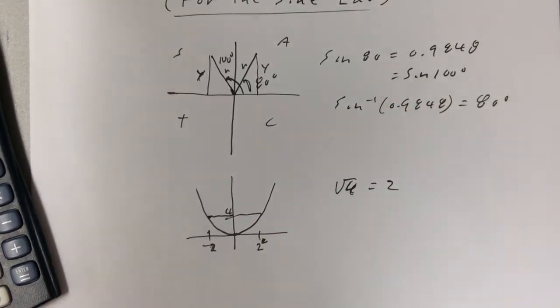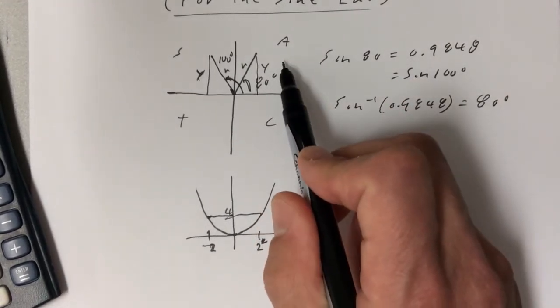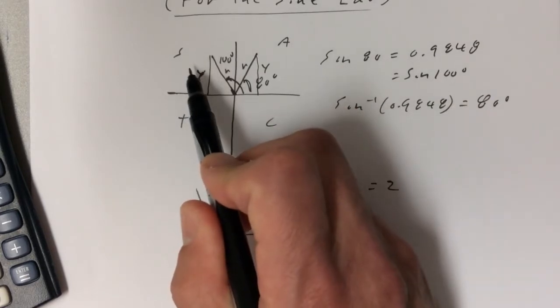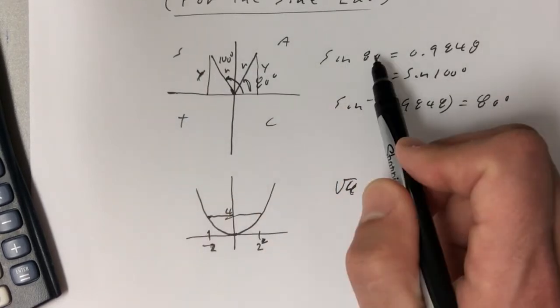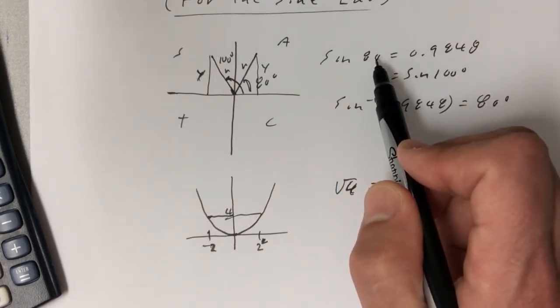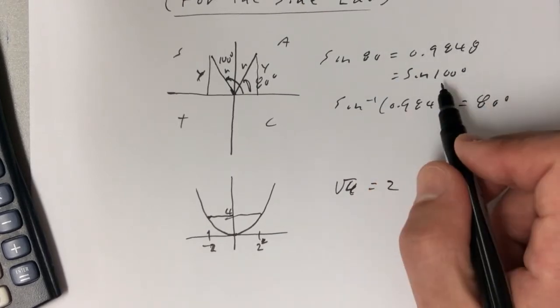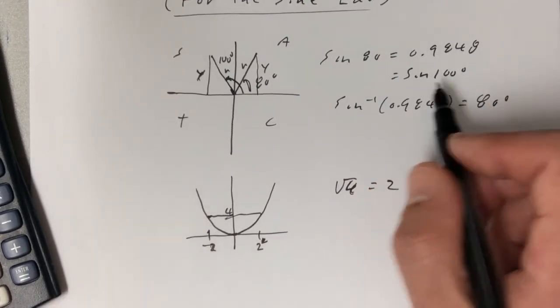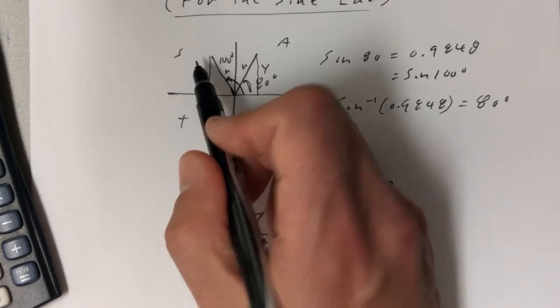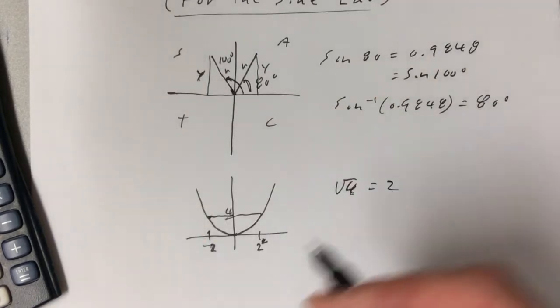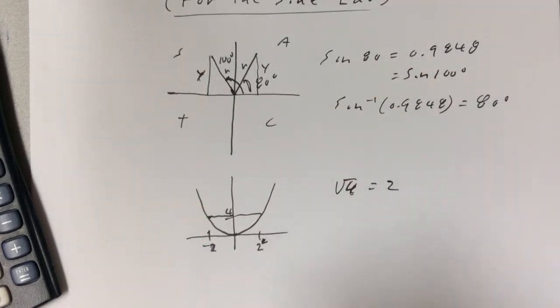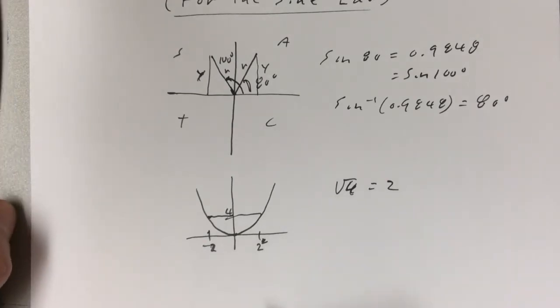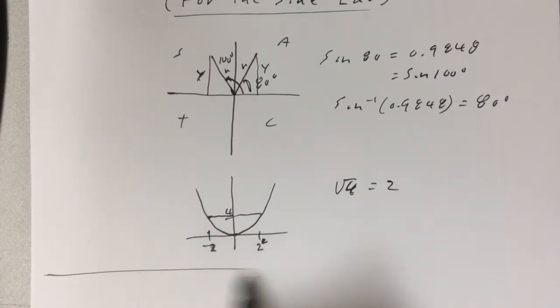If you dealt with cos, cos is positive here but negative here. So cos of 80 degrees is going to be something, and cos of 100 degrees is going to be the negative of that thing, because cos is negative in this quadrant. So it's okay, you can find obtuse angles with cos inverse. You just can't find them with sine inverse. So this is what happens.